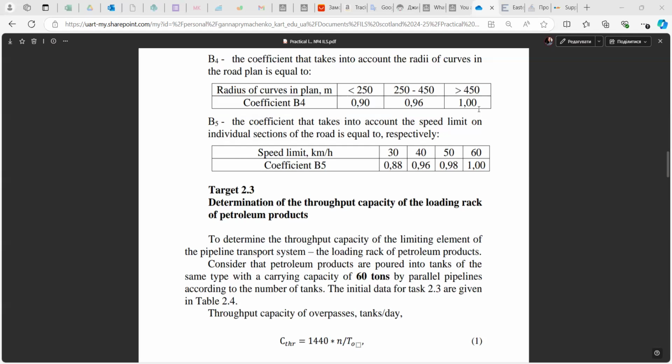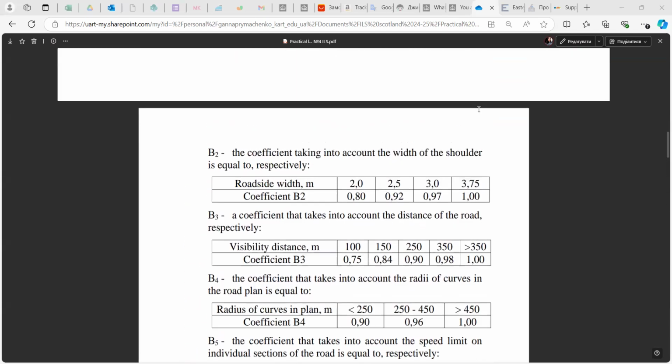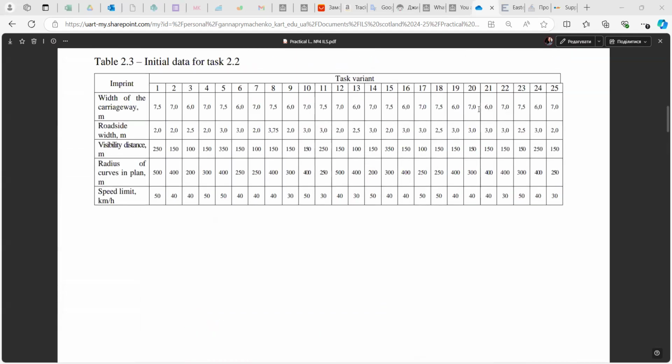We need to find this information, speed limit, also in our table 2.3. Our speed limit can be 50 kilometers an hour, for example, for first variant, or 40 kilometers for second variant, and other. Please find the information for your variant. Remember it. Only remember, do not write it anywhere.